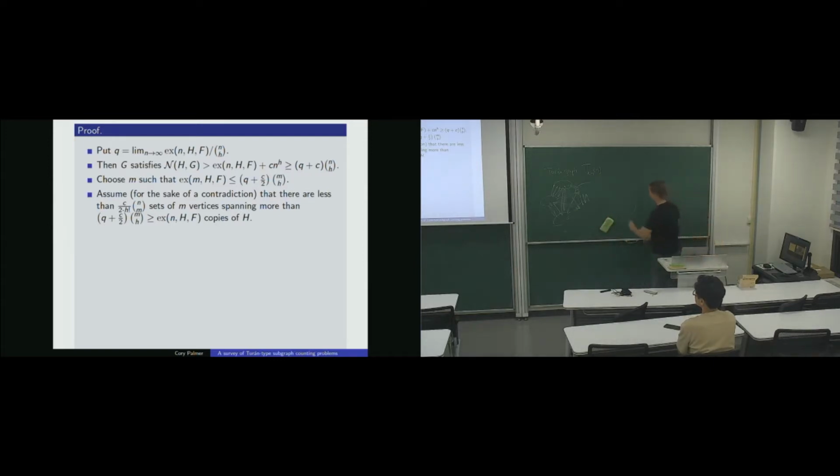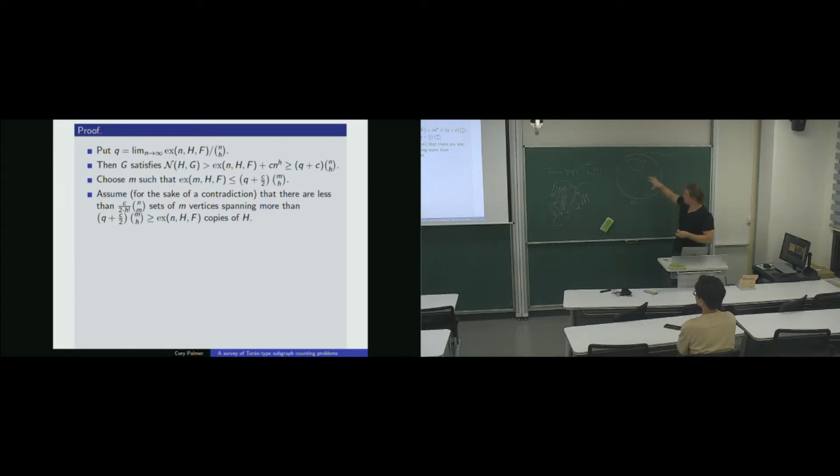So I've got my n-vertex graph here, and I'm looking at subsets of size m. M is the value that satisfied that condition above there. So I look at sets of size m, and I'm curious about the number of copies of H inside of that M set.